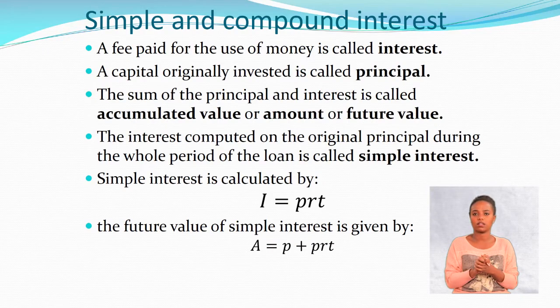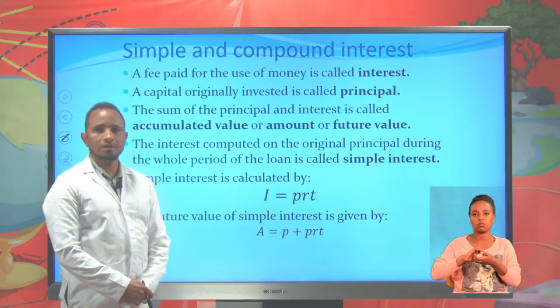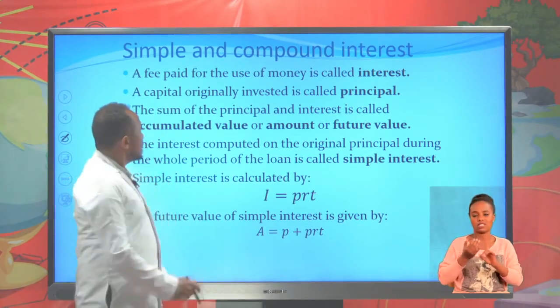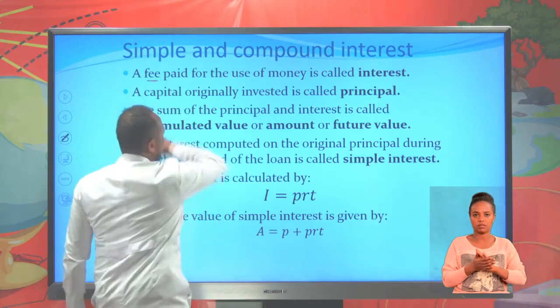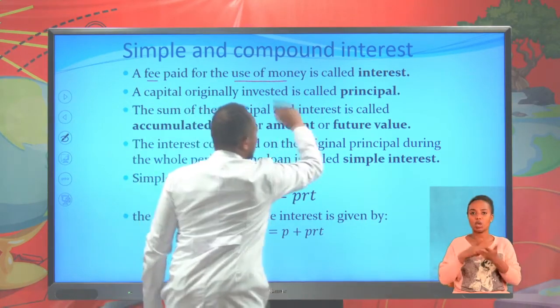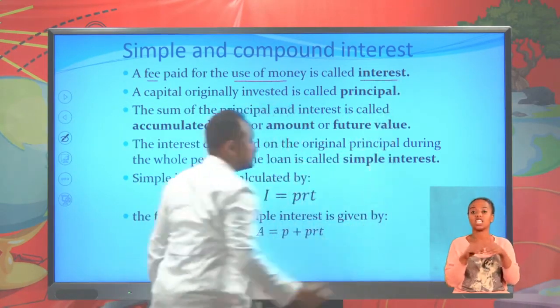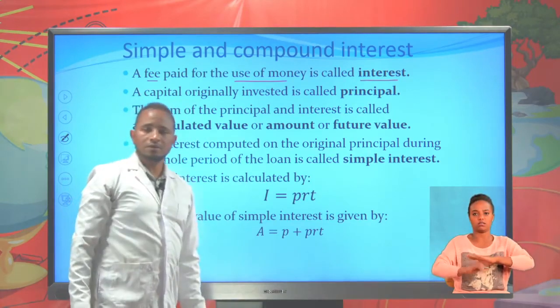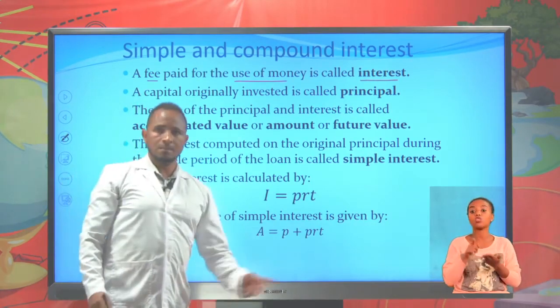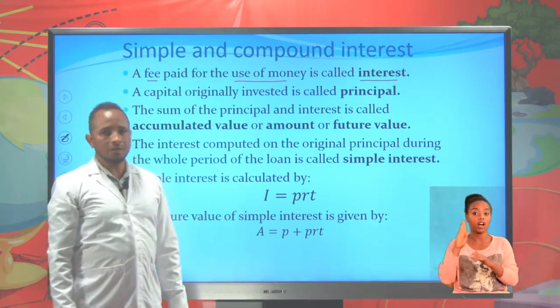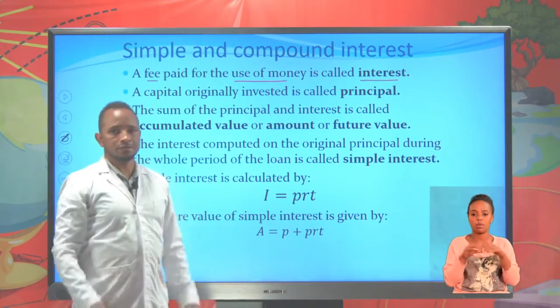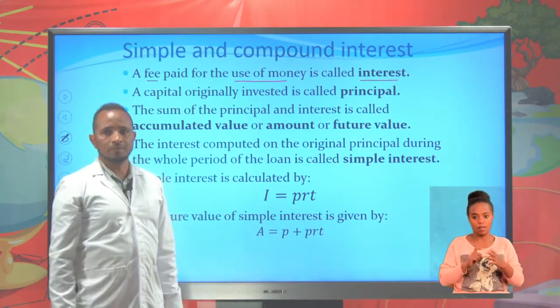Now let's see simple and compound interest. A fee paid for the use of money is called interest. For example, when you put money in a bank, the bank uses your money, and it pays you interest for the use of money.